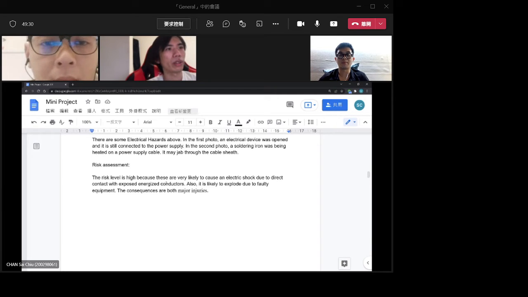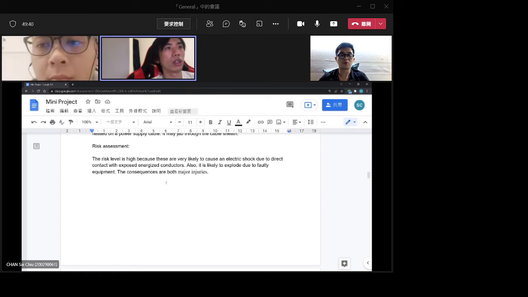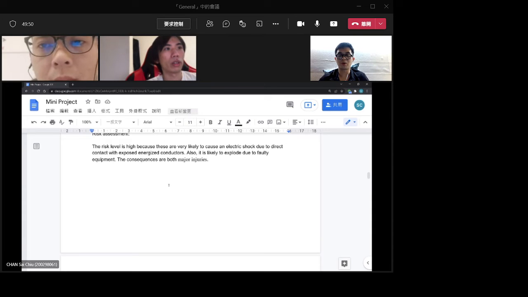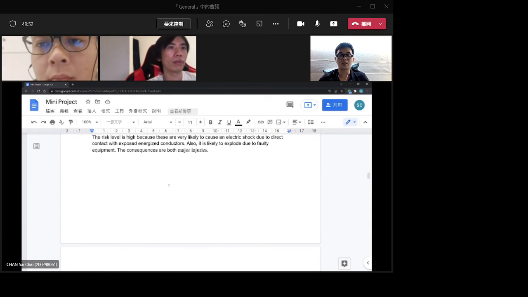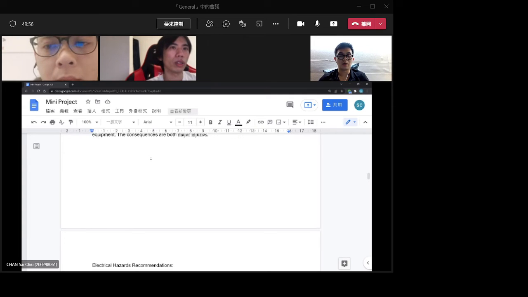Risk assessment. The risk level is high because it is very likely to cause an electrical shock due to direct contact with exposed energy connectors. Also, it is likely to explode due to faulty equipment. The consequences are both major injuries.